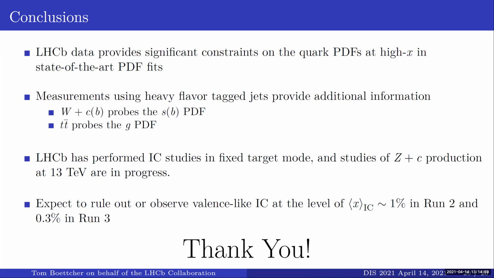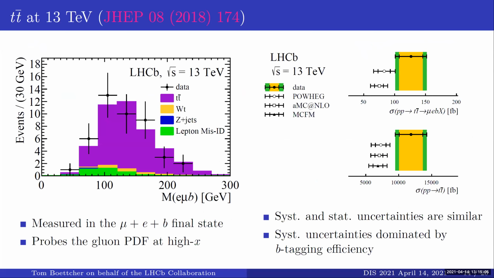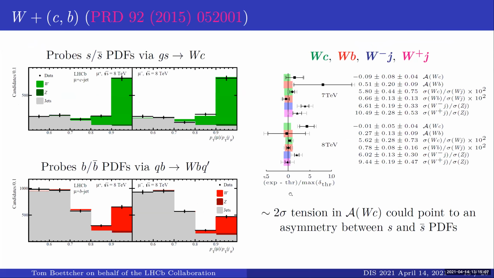Yes, this asymmetry for the W plus charm. I can't figure out immediately which direction you would want your strangeness asymmetry to be. But of course, there are PDFs that do have asymmetries between s and s-bar. So I assume you've not actually tried with any of those. Yeah, we have looked at this in some phenomenology studies at some point.